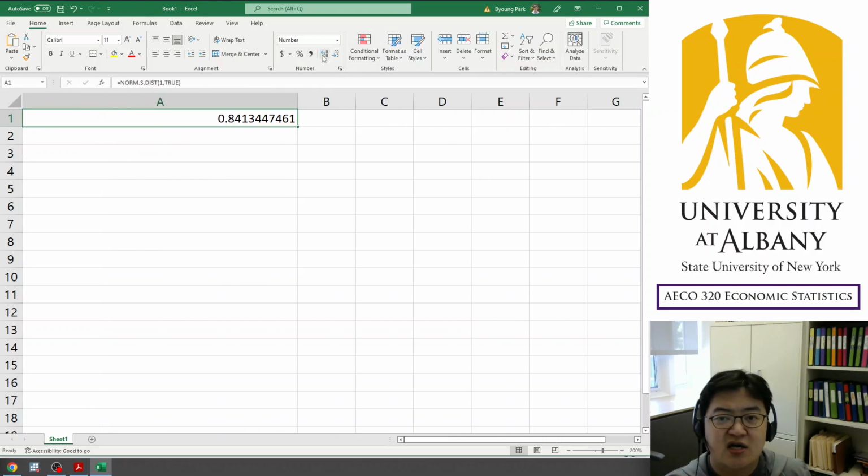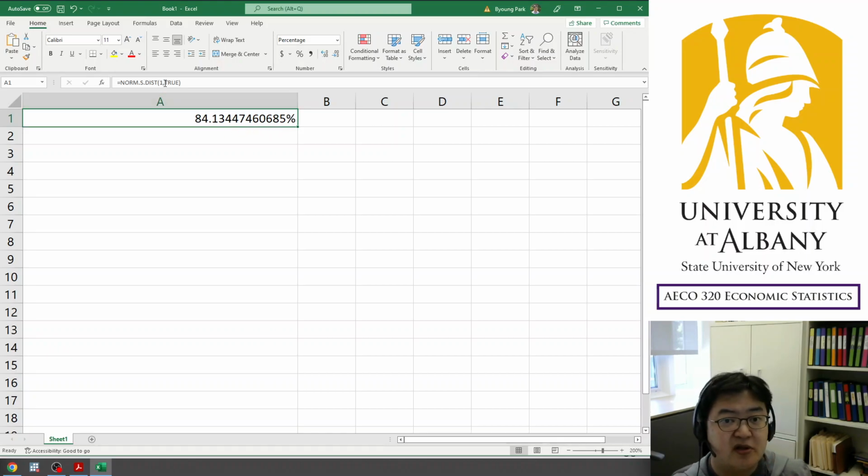So that means actually it is a longer, endless decimal, but it cannot calculate more than this much. So it is the cumulative probability smaller than 1. We entered 1. So the probability that the standard normal distribution is smaller than 1 is 84%, 84.1344746068%.